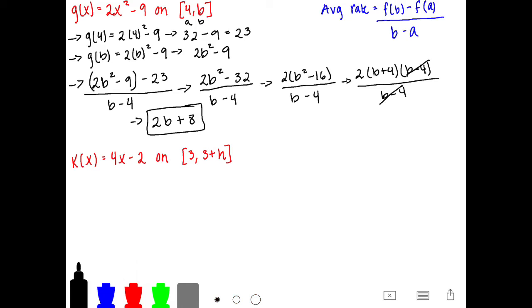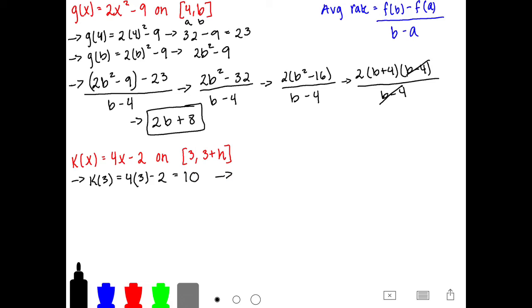So following the same steps, first, we're going to solve for our k of 3. So you have 4 times 3 minus 2, which equals 10, because you have 12 minus 2.